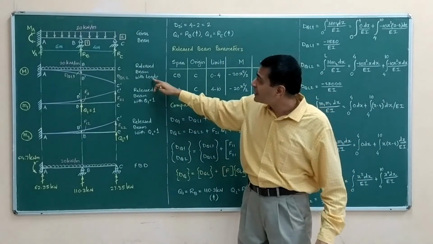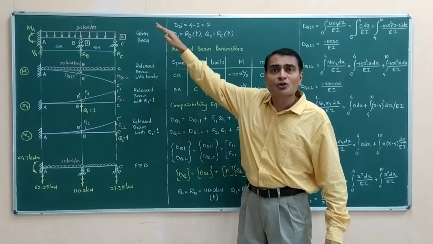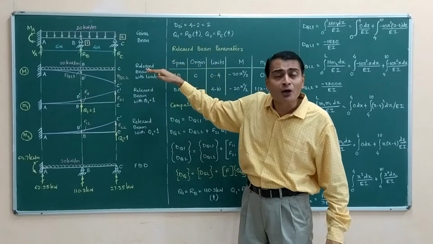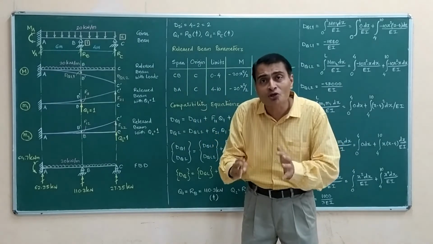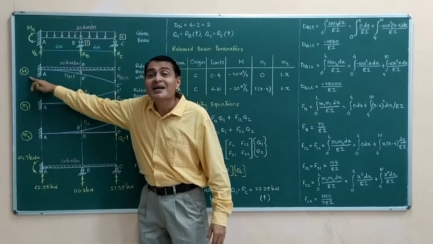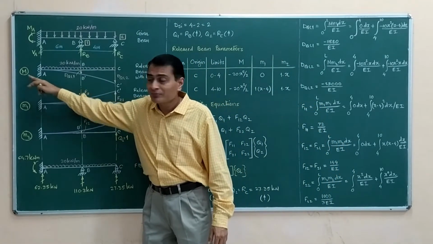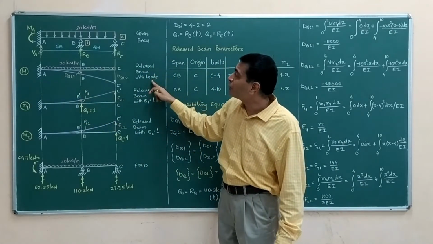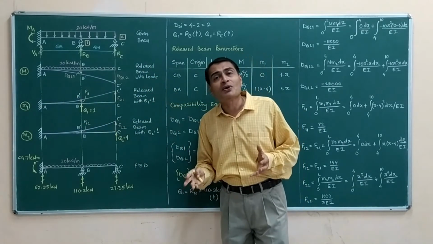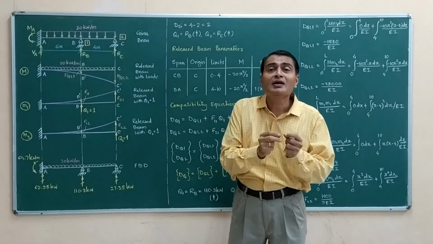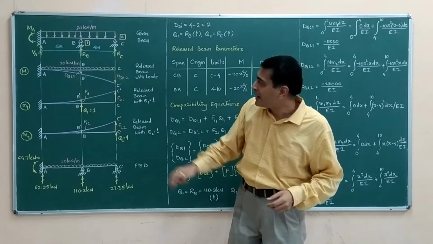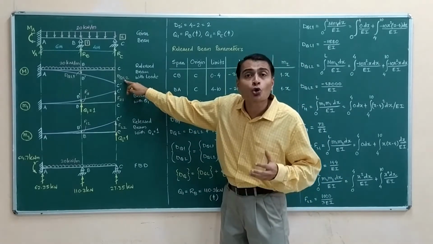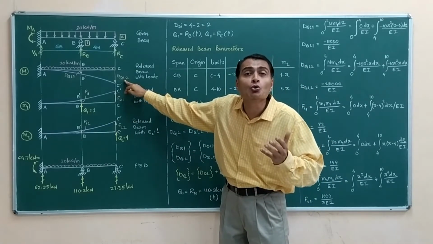So my first diagram in the superposition methodology, which I call as M diagram, is released beam with loads, and there I am defining DQL at node 1 corresponding to Q1 and DQL at node 2 corresponding to Q2.